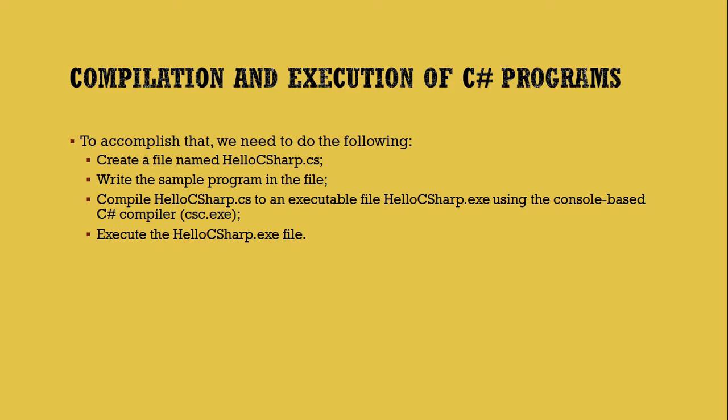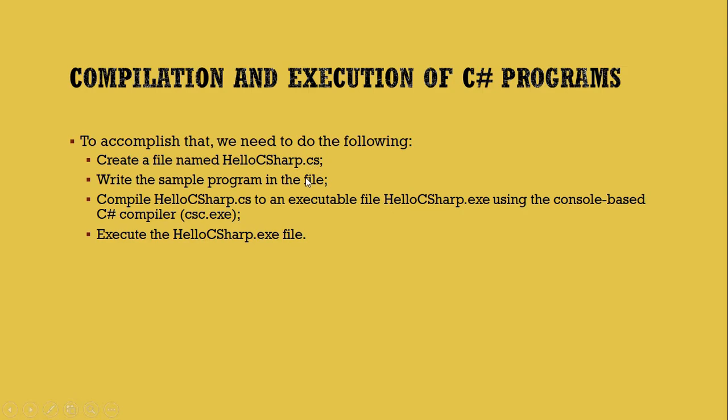How can we use the .NET framework to compile and execute C# programs? The first step is you need to create a file named any valid file name for a C# file with extension .cs.